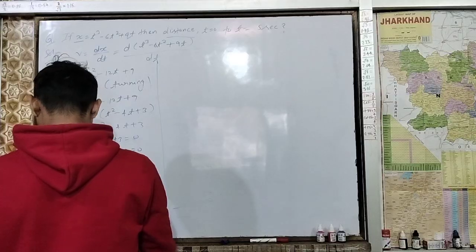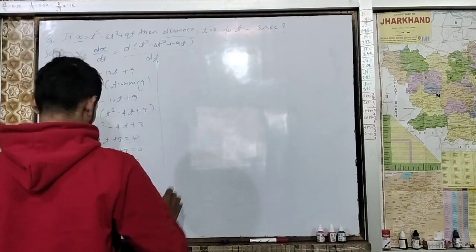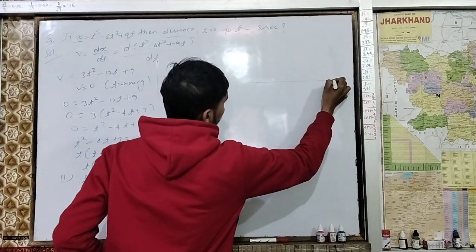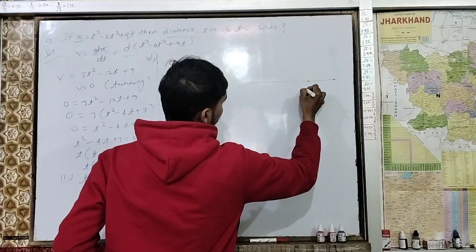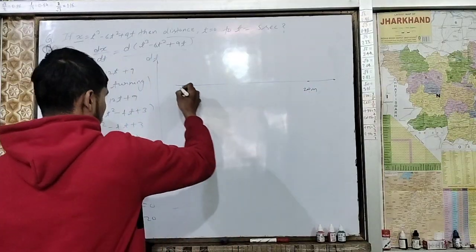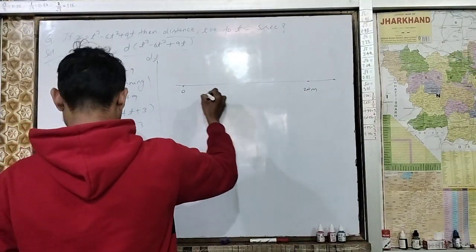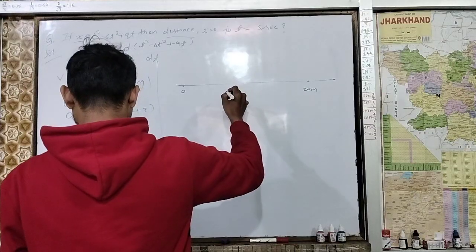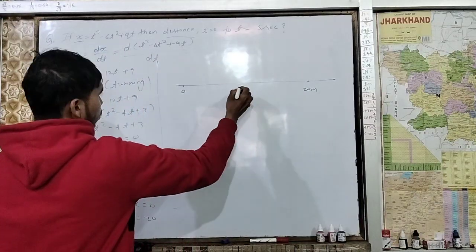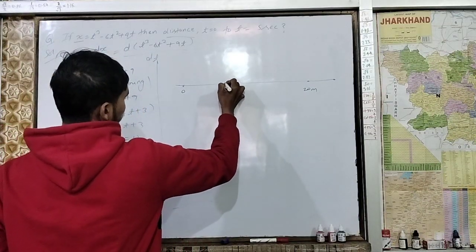There is nothing negative. Let's say this is 20 meter. This is 0 and this is 4.